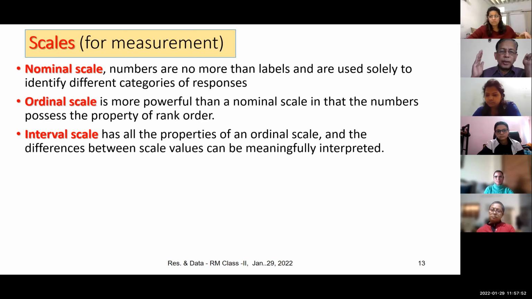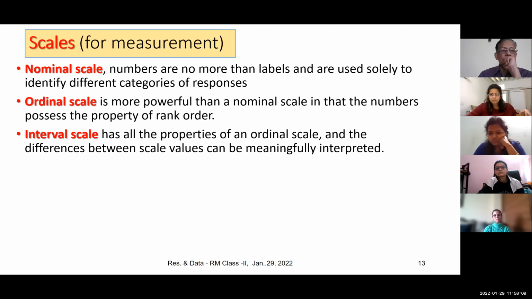So interval scale means that there needs to be an upper limit. So interval scale, like you were saying, there needs to be a lower limit and an upper limit, and the chances have to be equally split in between. Need not be equal. I mean the variable can be as low.